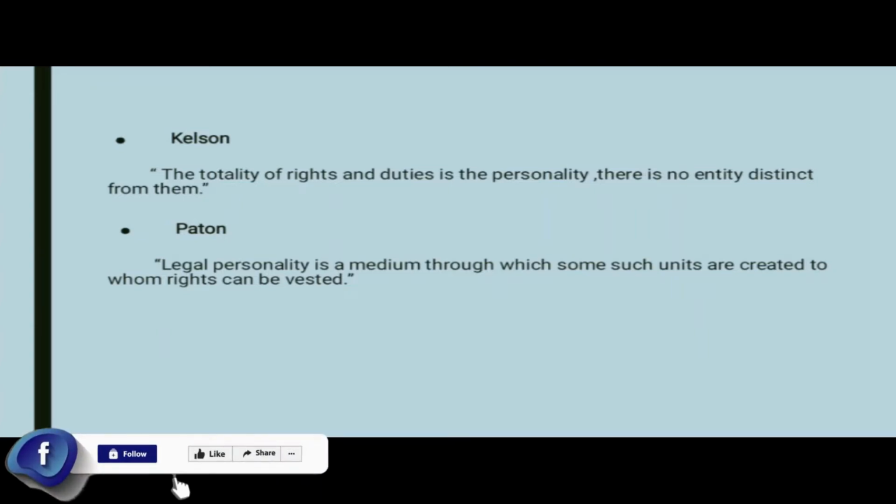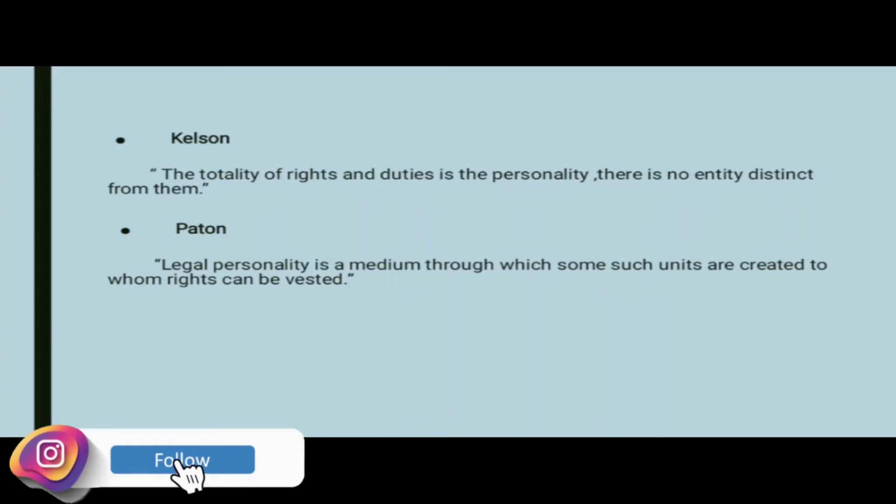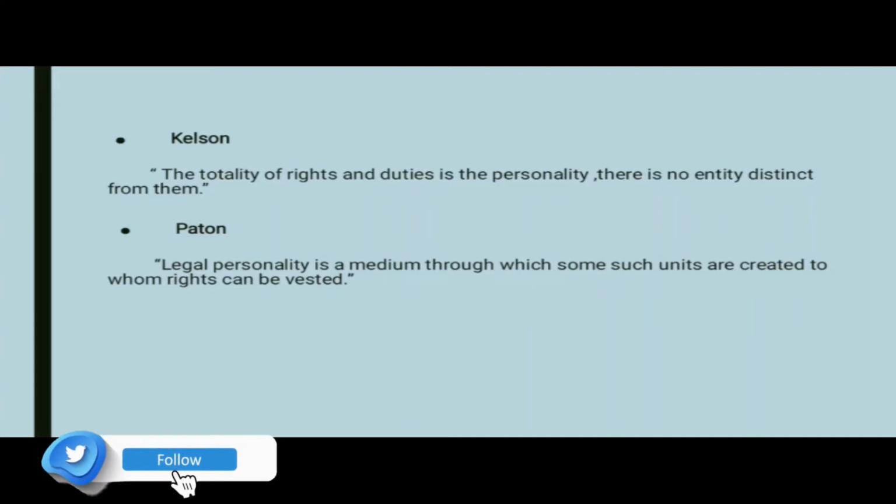And according to Paton, legal personality is a medium through which some units are created to whom rights can be vested. These are just a few jurists' definitions, and you can find other definitions given by other jurists.